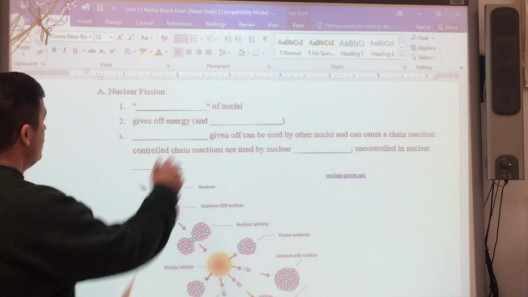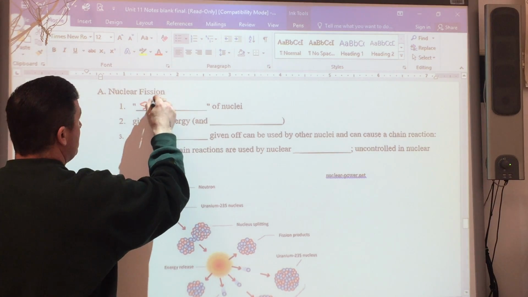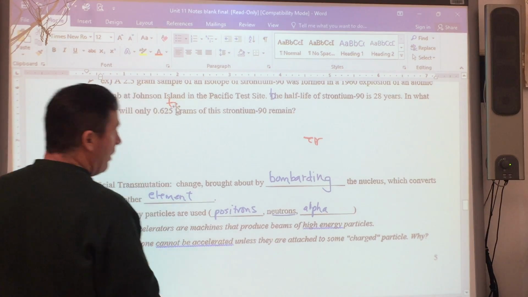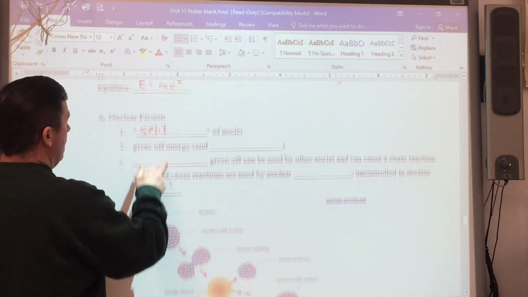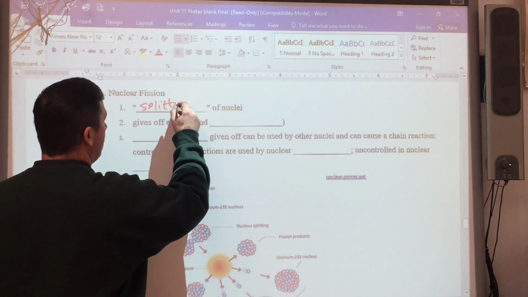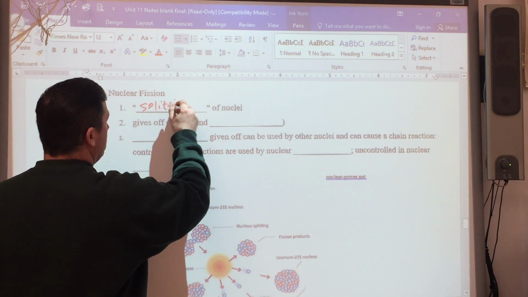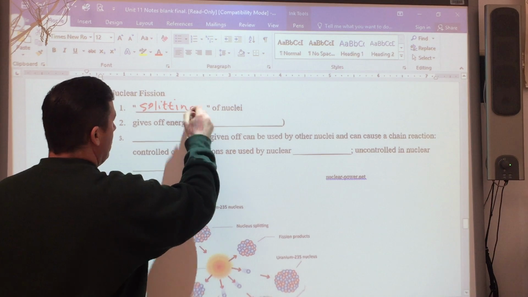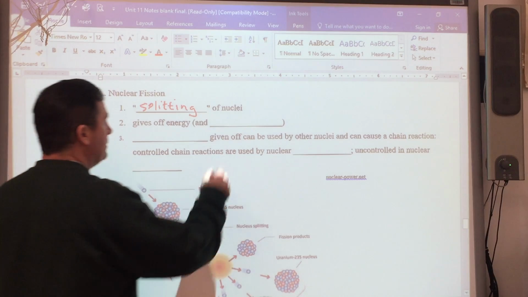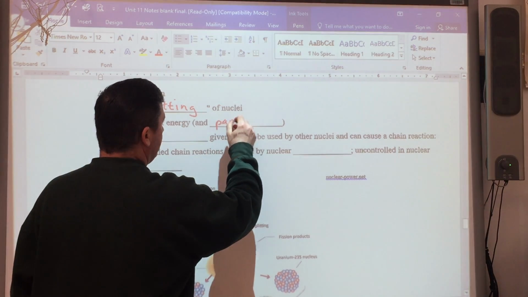So, nuclear fission is the first one. That's splitting, splitting of nuclei. Gives off energy and particles.